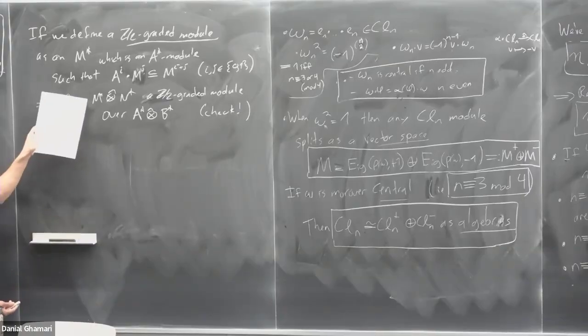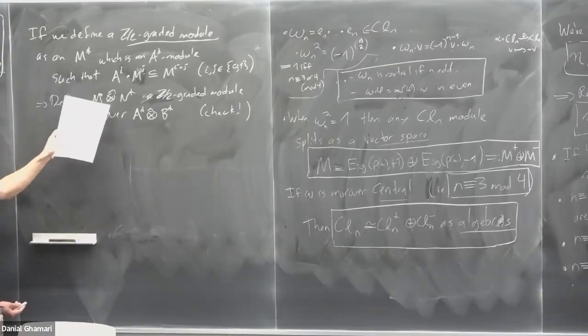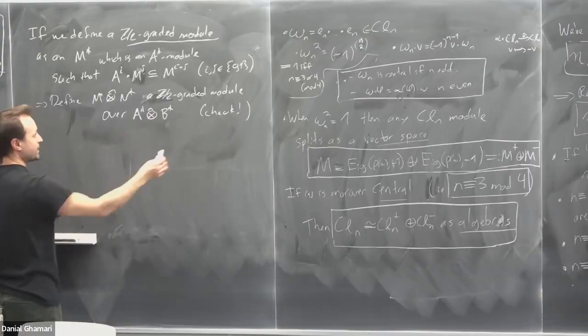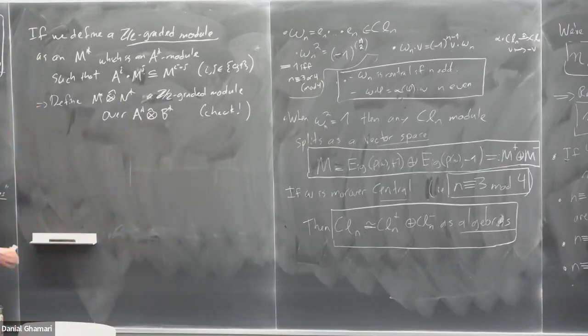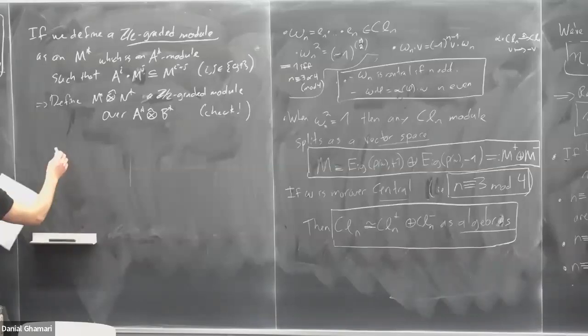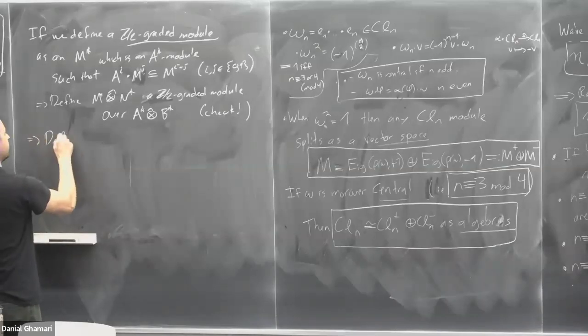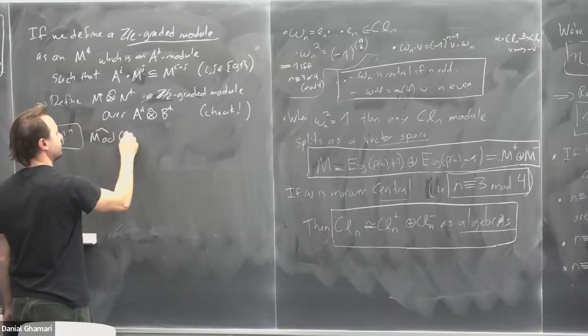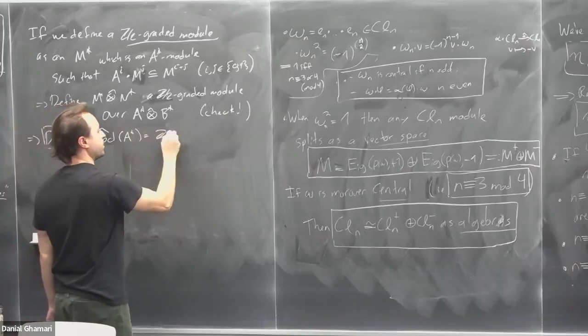And the same argument shows that tensoring two modules together gives you another Z2 graded module. To show that the action is associative, it's exactly the same argument. The only really tricky thing is thinking about applying one thing and then another thing. You have to be very careful with the signs and the degrees there. But it works. So we can tensor product Z2 graded modules, and then let's define mod hat A star. This is Z2 graded modules.